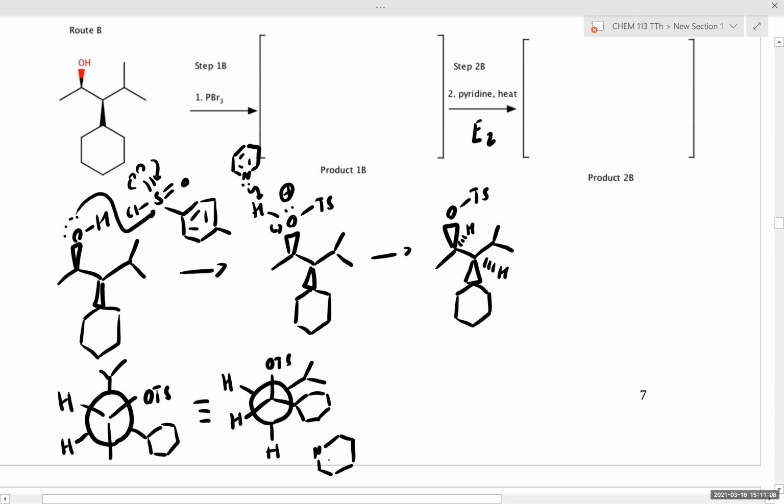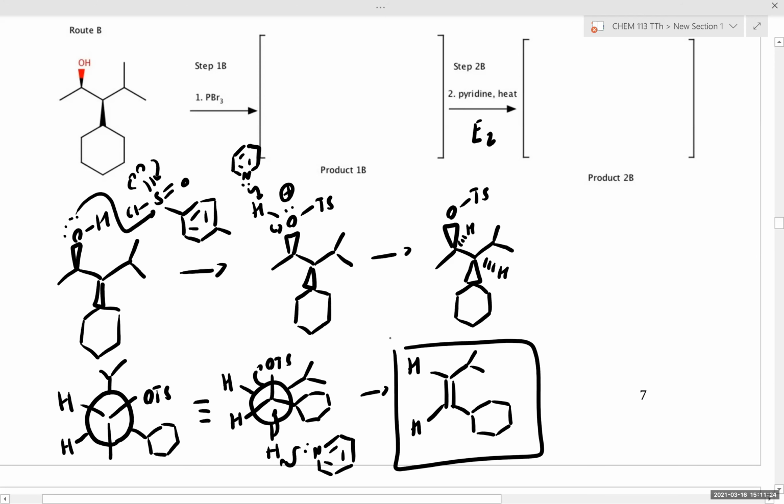So from that arrangement, our base will pull off a proton and kick out our leaving group, and we generate the following alkene as a single stereoisomer. So this is the single product observed from route A.